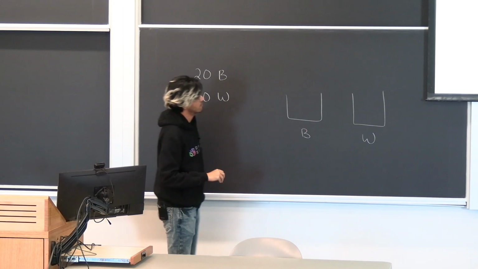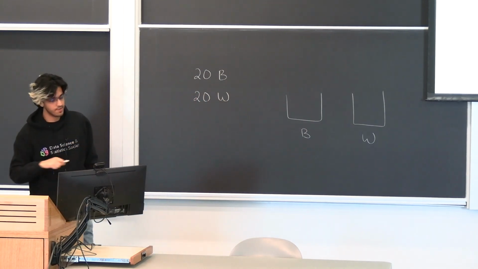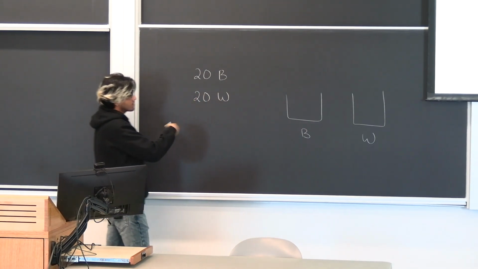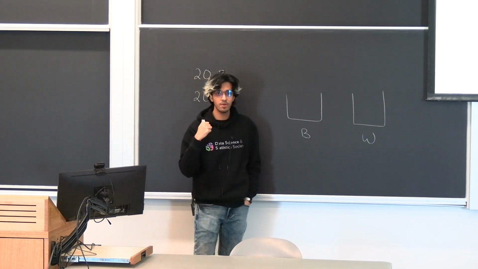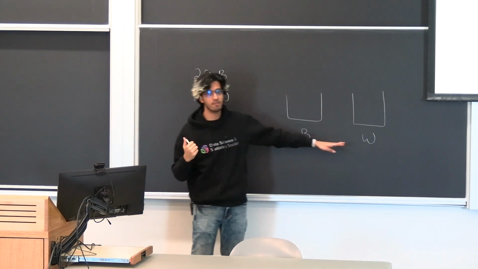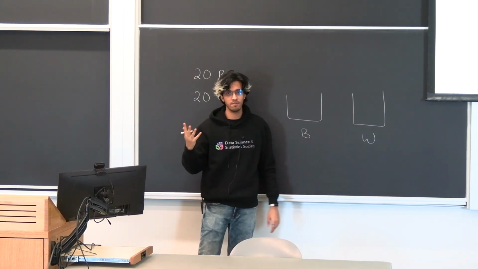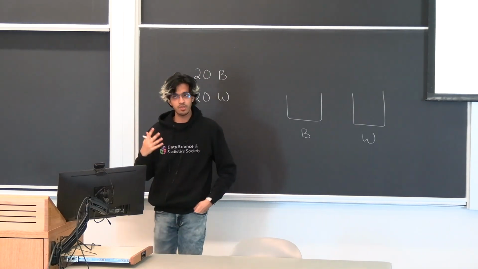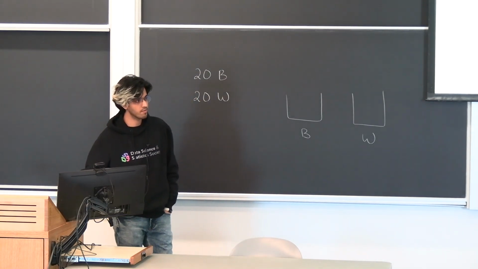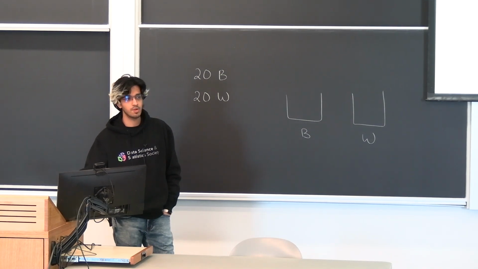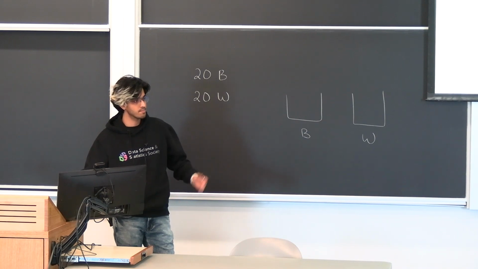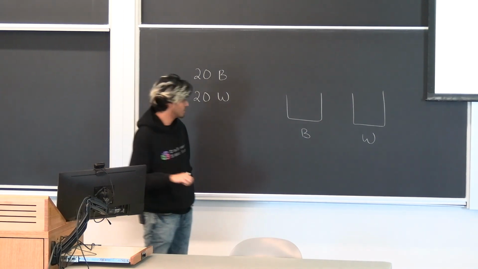And the first question is, how many pigeons or socks do you need to pull to guarantee that at least one of the buckets will have 2 socks, right? What does the pigeonhole principle say for this? How many would you need? 3, right?